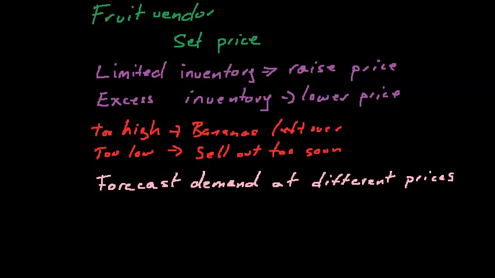The way he's going to forecast demand is based on his knowledge of the market and his customers. He's made price changes in the past. He has some idea of what happens to demand when he changes prices, and he's going to make his best guess of what the demand will be at different prices. Then he's going to choose his price based on his best guess that he thinks will maximize revenue.